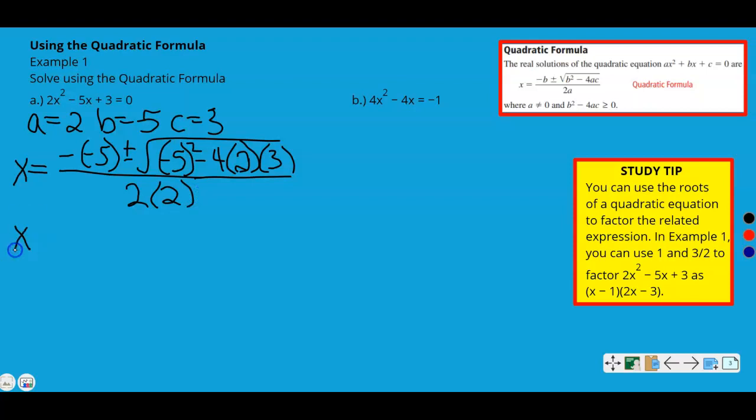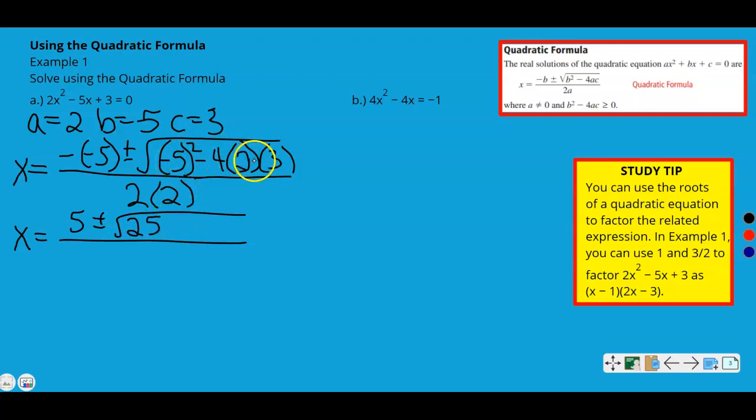Now we just have to simplify. If you can simplify your math correctly, this should be easy from here. So we've got negative 5 makes that a plus 5 plus or minus negative 5 squared. Again, remember you're squaring b, and b is negative 5. So you're squaring the negative and the 5. So that becomes positive 25.